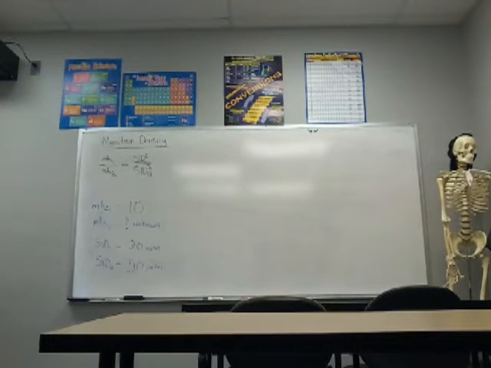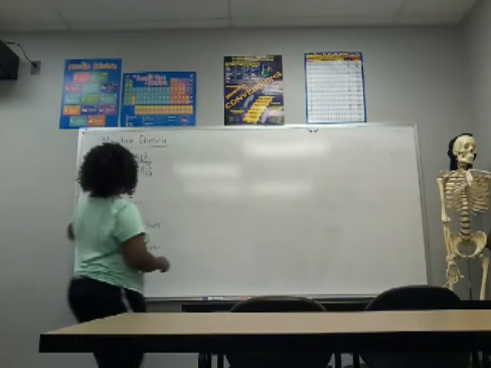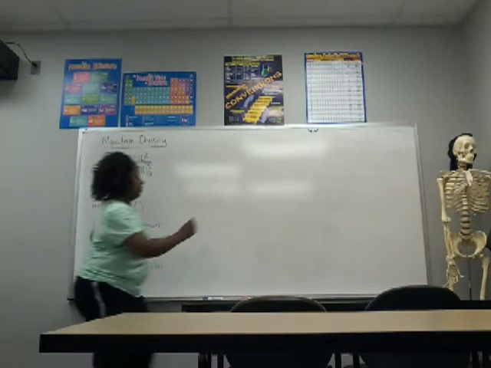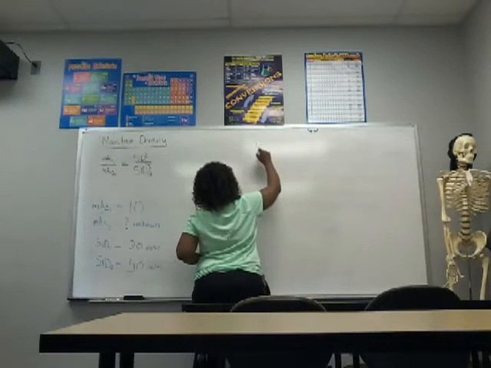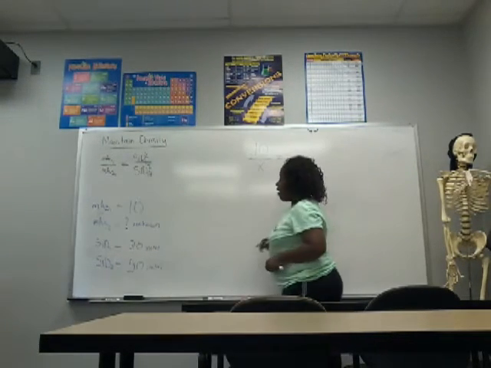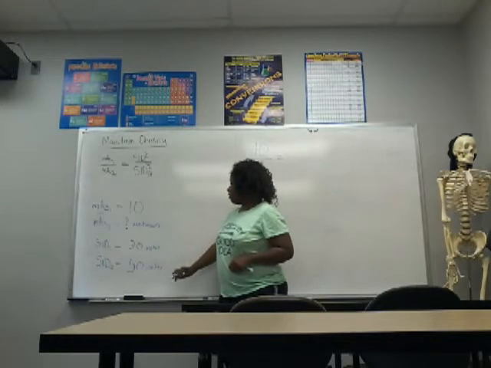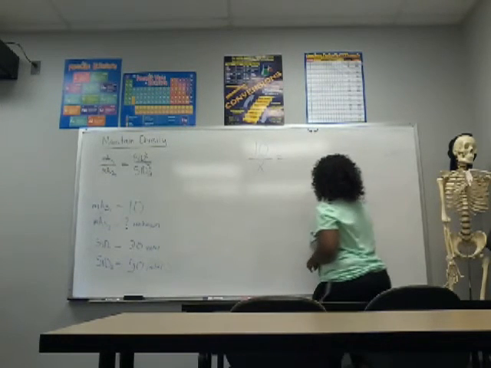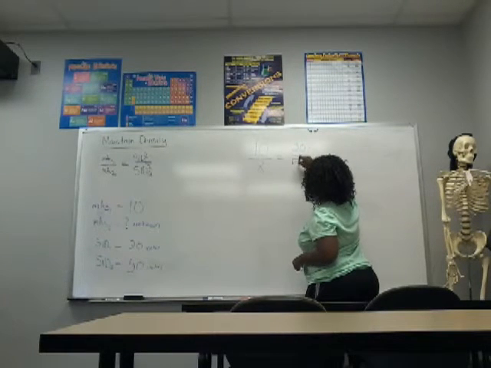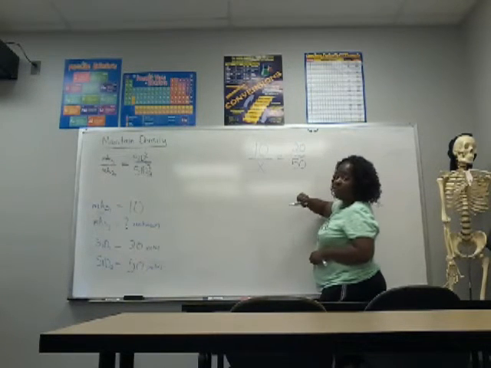So I'm just going to plug everything into the problem. The first mass over the unknown mass. Now the first distance over the second distance. And they both have to be squared.